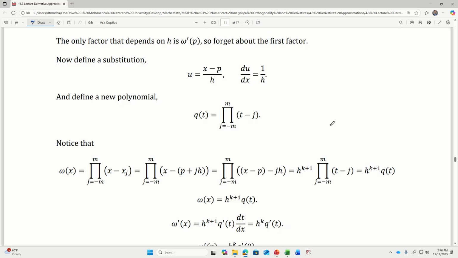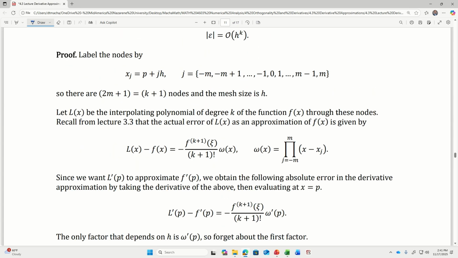And the reason that is, you can see on this line, the big expanded line that has a bunch of equal signs. You can kind of follow this a little bit. Going from this xj, this is a node, to here, that is a formula for the nodes that we set out at the very beginning right here, replacing it with p plus jh.